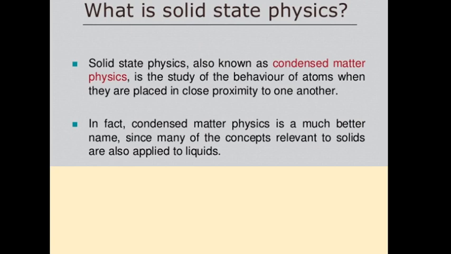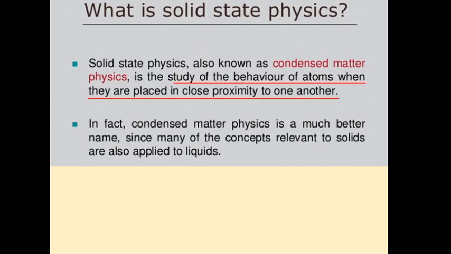Anyway, so what is basically solid state physics? In many other books, or even this book, you will find the word condensed matter physics. So solid state physics is commonly also known as condensed matter physics.